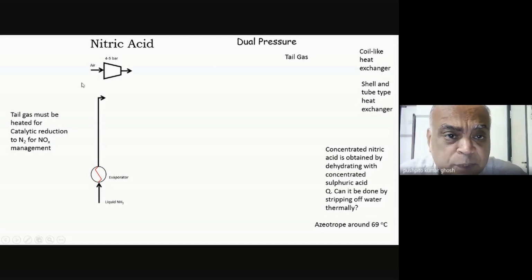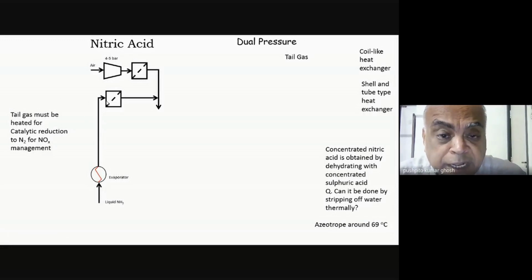The air of course has to be compressed, so you put a compressor and compress the air. The presence of any dust and dirt can be a serious problem, especially when you're talking about the rhodium platinum catalyzed process, from ammonia to NO, and therefore you have to make sure that your vapors are properly filtered and there's no impurity, because if it poisons the catalyst, then you've had it.